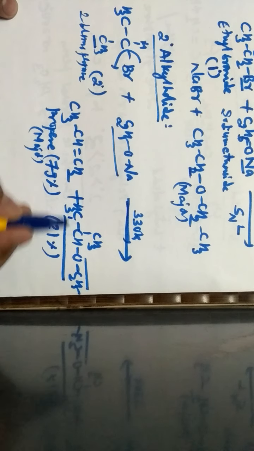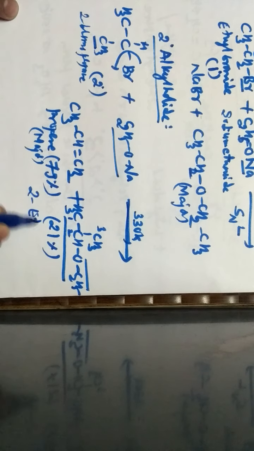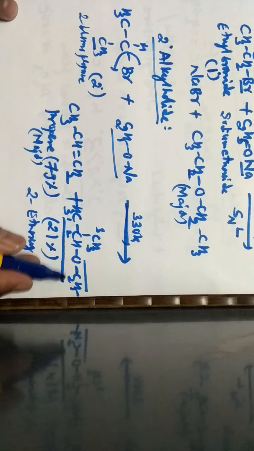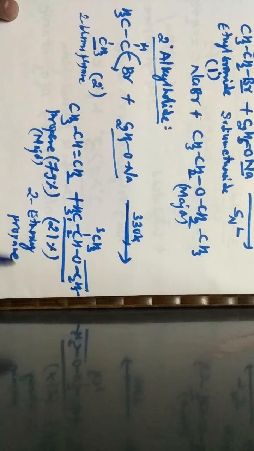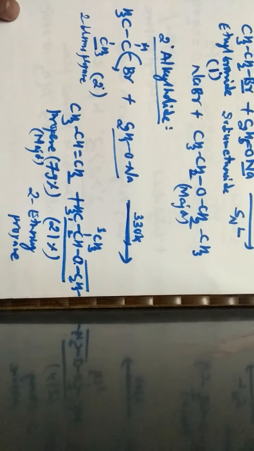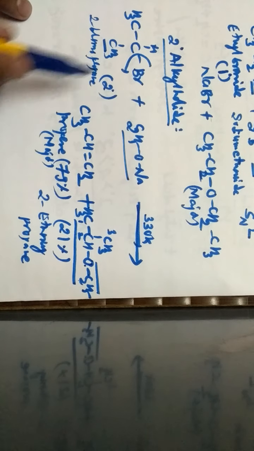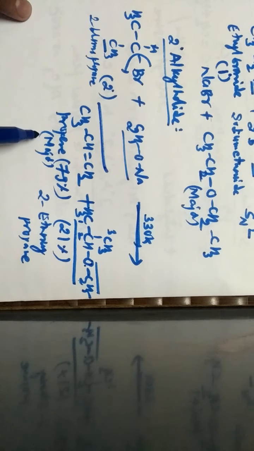For the second carbon, this is first, this is second, this is third carbon, I can call this ether 2-ethoxy propane as the name of the ether, or else you can also call it ethyl isopropyl ether. Both are the same. So one should know that when a secondary alkyl halide is involved in Williamson's ether synthesis, the major product will be alkene followed by ether.